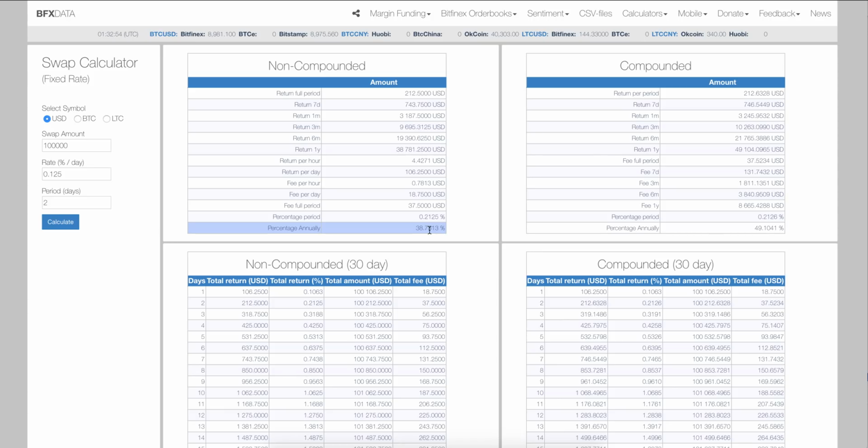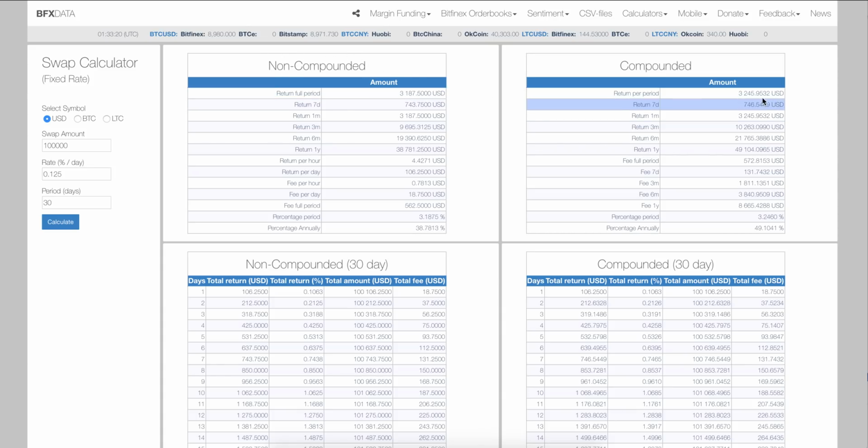Where can you loan your money at a bank or something? Banks give you like a percent, maybe a couple percent, sometimes a fraction of a percent. And this is way more convenient too, because like I said, you can do a 2-day loan, you can do a 30-day loan, whatever you have free. So over the course of, let's say you had 100 grand and you did it for 30 days, you would make $3,187 non-compounded.